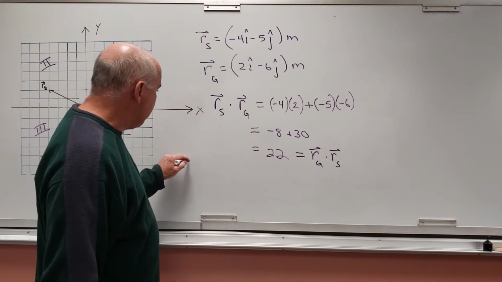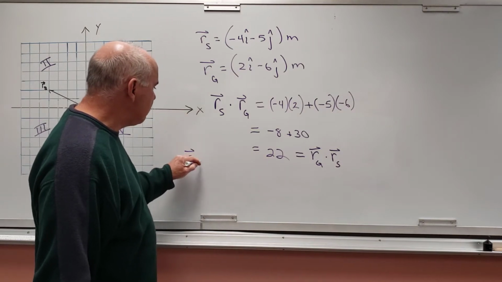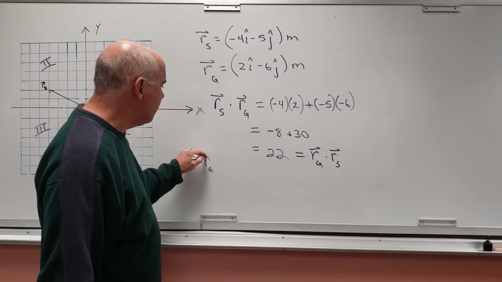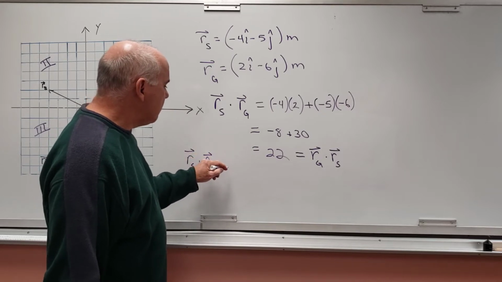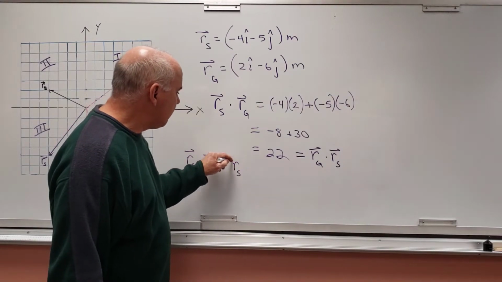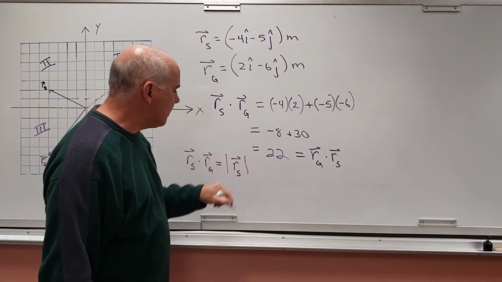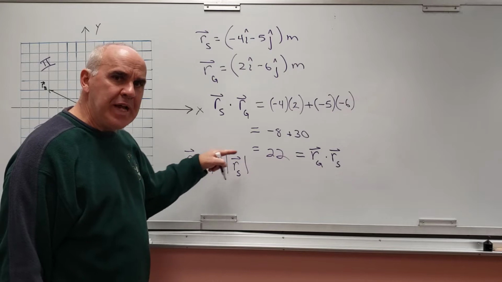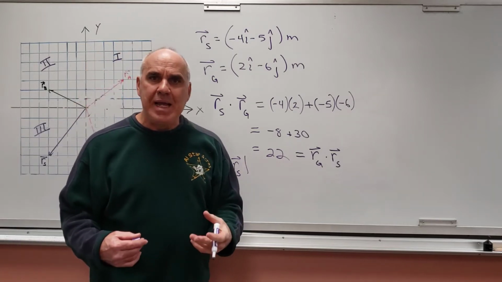when I do the dot product of Shelby's position times Grayson's position, it's equal to the magnitude of Shelby's position, which I'm going to write this way, in absolute value signs. That means magnitude.